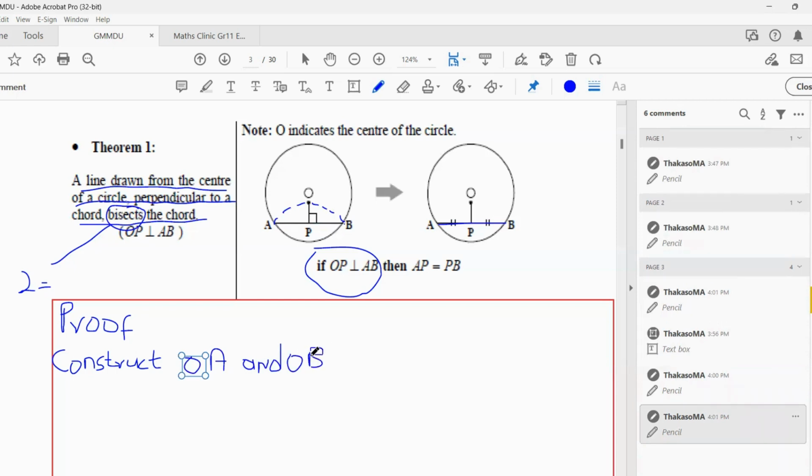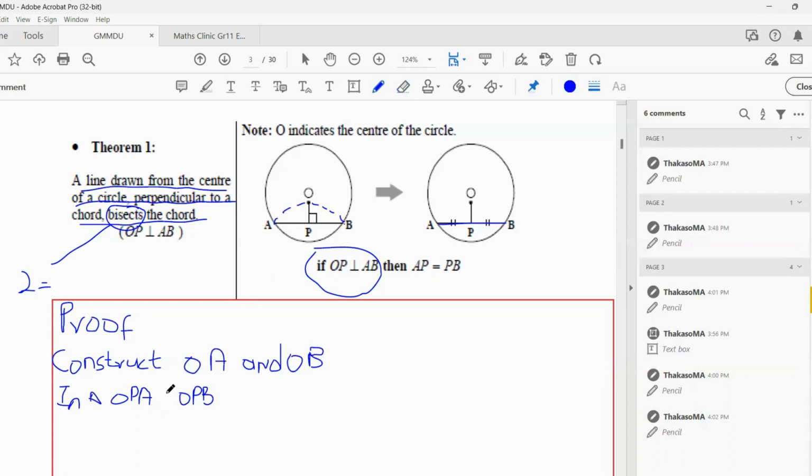So we're going to say in triangle OPA and triangle OPB, okay, what we're going to try to prove with those two triangles is that they are congruent.